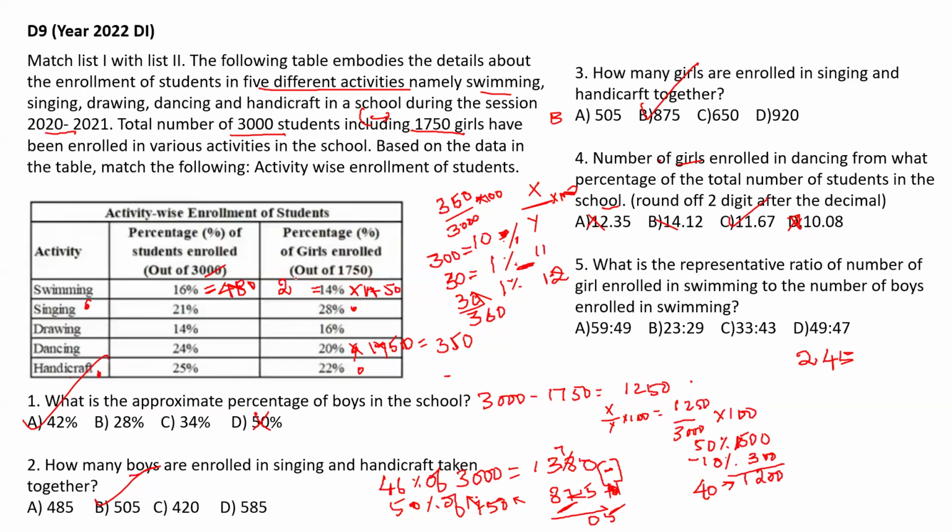So just take the difference: 480 minus 245 gives you 235. Just finding out the ratio. Now, 5, right? It is going with the 5 table. Just check with the 5 table and tell the answer.